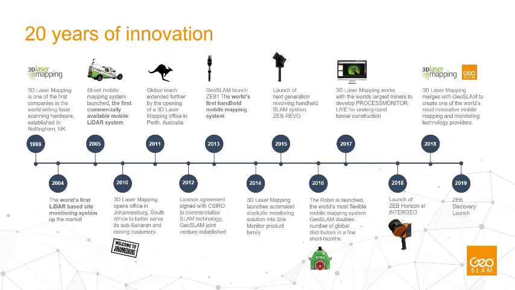So it was the first ever street mobile mapping system, which was introduced in 2005 by 3D laser mapping. And the company CSIRO, based in Australia, they're responsible, for example, also for the Wi-Fi technology, but they are responsible also for the SLAM technology, which has been adopted by 3D laser mapping as a first company who really saw a big commercial advantage to adopt it for this surveying industry.